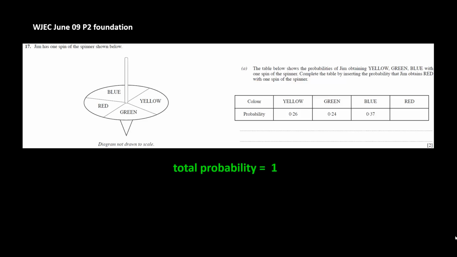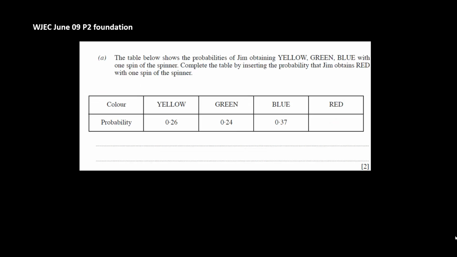Now earlier I mentioned that total probability equals 1, and that means that the probability of all possible things that can happen must equal 1, and that's what this example from quite an old exam paper is all about. We've got a spinner and then various probabilities. Let's get a bit closer look at that table. So we've got the probability of yellow, green and blue, but the probability of red is missing.